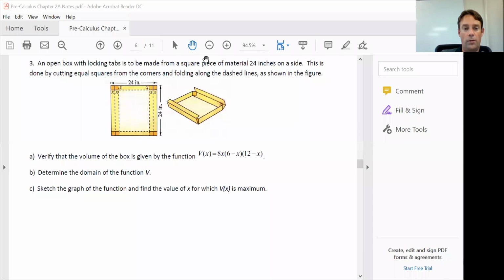It's time to walk. I know this whole thing is 24, but if you notice, I've cut off an x, I've cut off an x, I've cut off an x, and I cut off an x. So that means this was 24, but I cut off 4 x's.